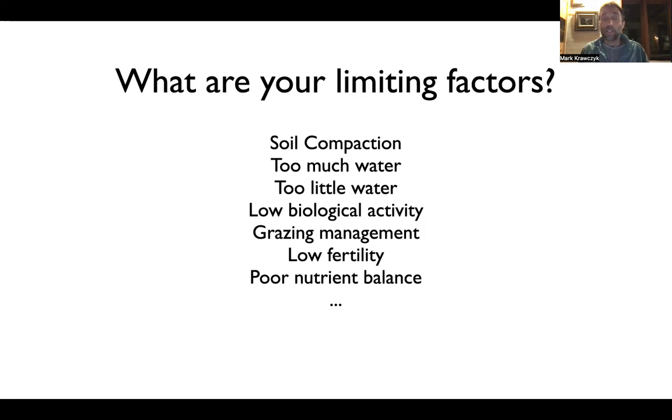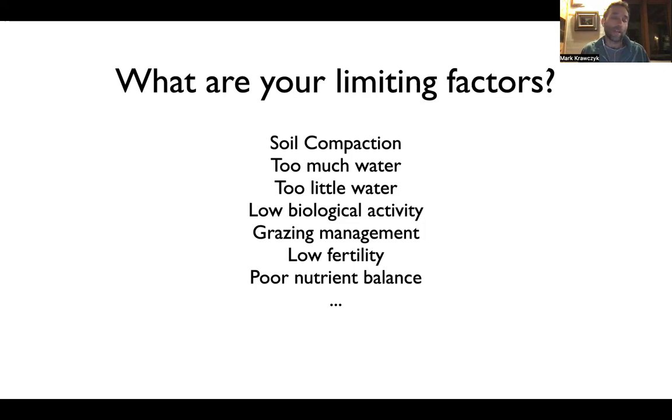Low biological activity could also be a limiting factor, but just existing management might be another one. If we're doing some type of rotational grazing, perhaps there's just some inefficiencies in the recovery period that we're allowing, or the size of our paddocks, and the frequency of moving our animals. We may have just poor fertility or nutrient imbalances, low pH.